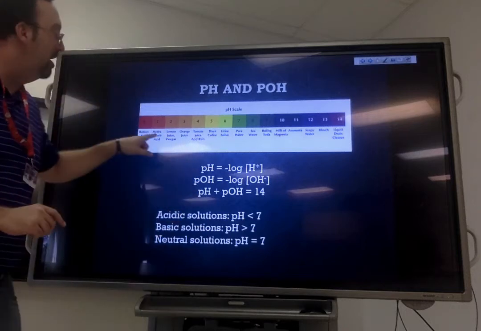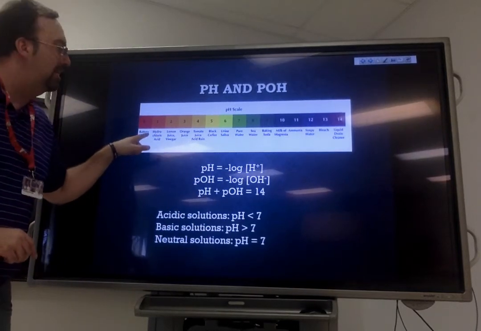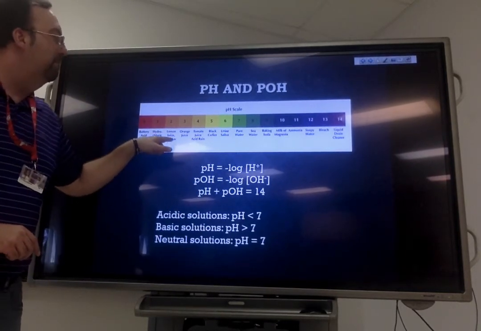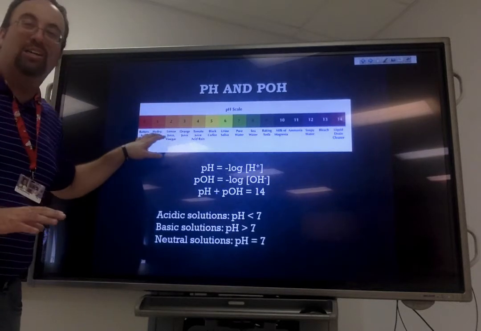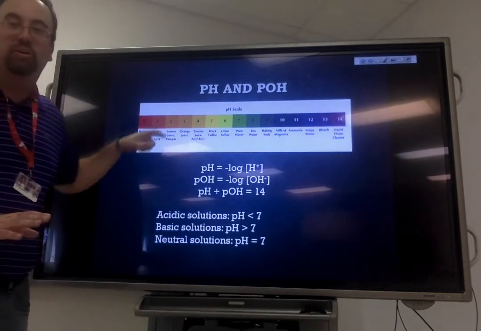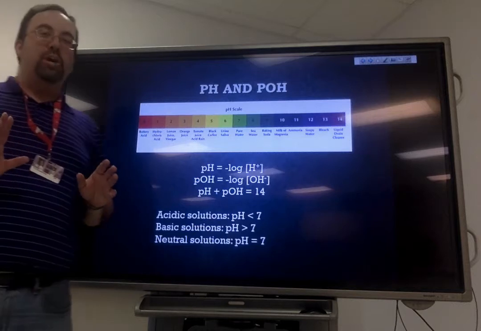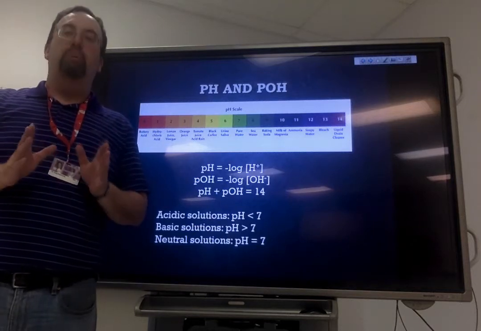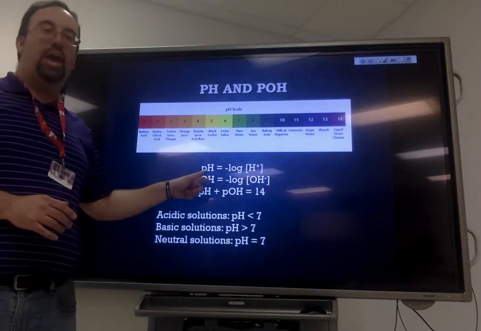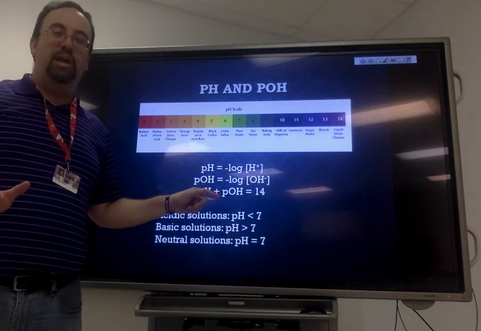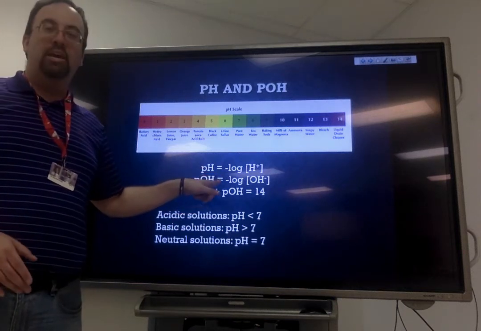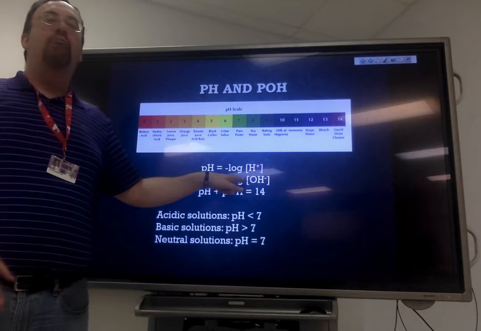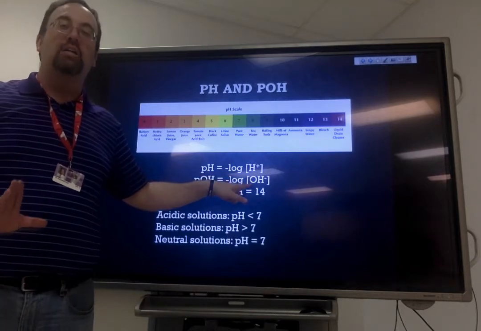And so you'll notice then things like battery acid, hydrochloric acid, vinegar, these things are acidic, and notice that their pH values are very low. We can then also calculate the related concept of pOH, very similar to the pH equation. This time it's going to be equal to the negative log of the hydroxide ion concentration.